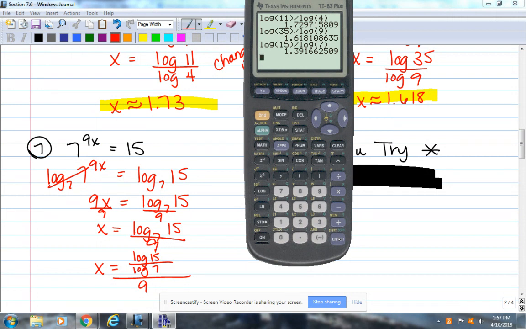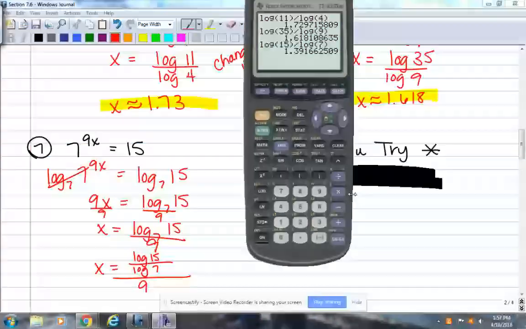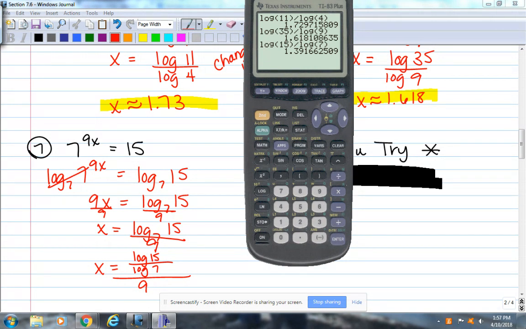Then you divide that by 9. If you just hit divided by, don't clear it or anything, see how it says the word ANS for answer? That means it stores the previous answer. So it takes that answer right above it, and then we divide it by 9. And that divides everything by 9. So my x is approximately 0.155.